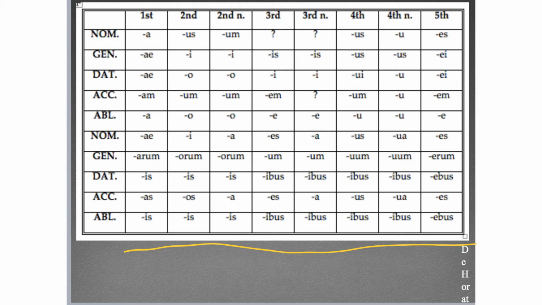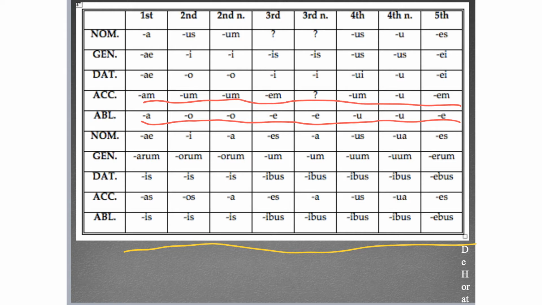There are some patterns that go across declensions. For instance, if you look at the ablative, all ablatives are single vowels that are the vowel of the declension. All accusative singulars end in M, plus the vowel of the declension.